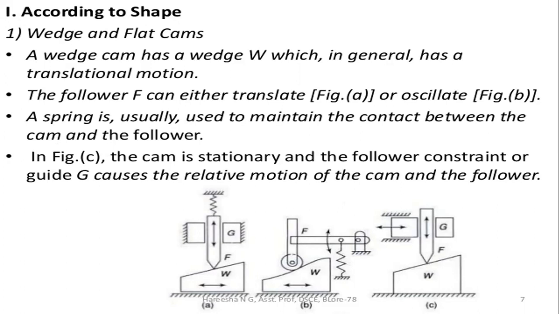So generally you know about the wedges. So these are all the wedge faces, that is, the wedge cams. Three different types of wedge cams are placed below the knife edge follower and the roller follower. So these are the knife edge followers and this is the roller follower.